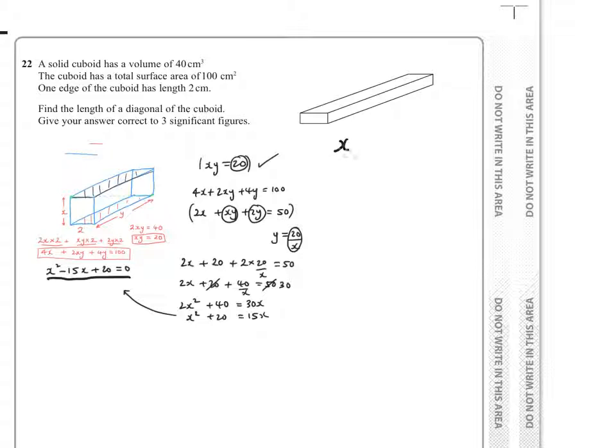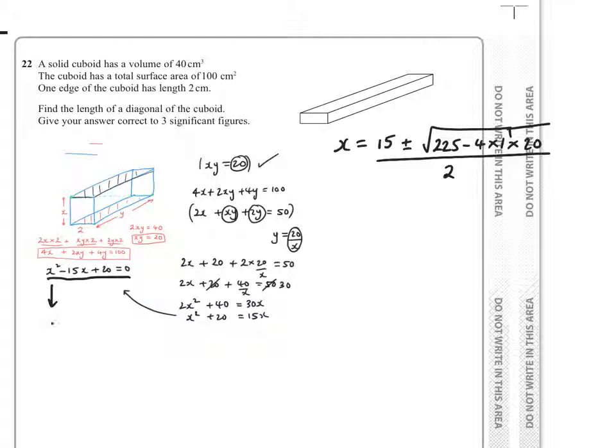So x is going to be minus b plus or minus the square root of b squared, which is 225, you can use your calculator for that, minus 4 times a times c, all over 2a.